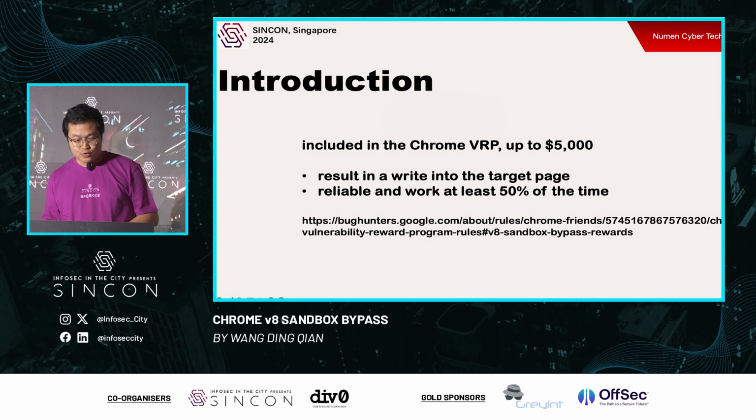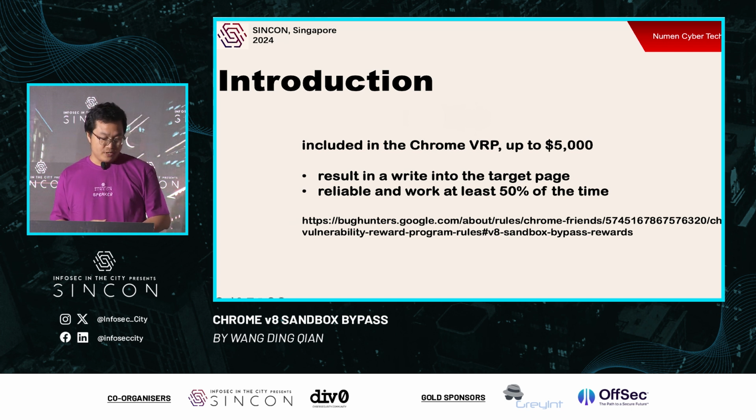This year Google has added V8 Sandbox bypass rules to the Chrome VRP, and the highest reward is $5,000 for the V8 Sandbox. But there are two points we should care about. The first is that if you upload a POC to Google, it should result in a write into the target page.